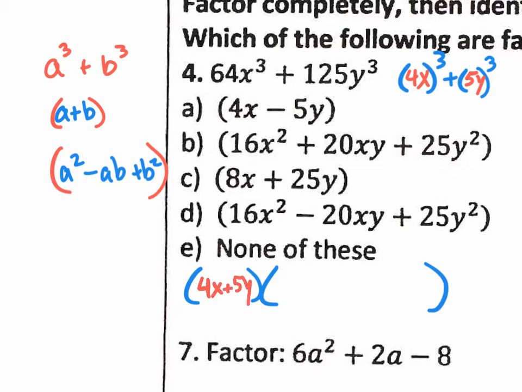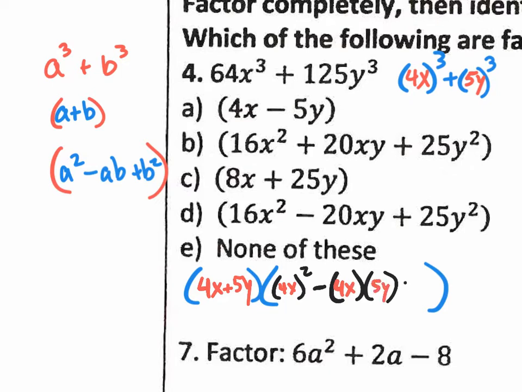And then over here, it'd be a good idea to plug it in with parentheses so you don't make mistakes. So what would a squared be? That's going to be 4x squared in parentheses. And then plus, actually, no, I'm sorry, minus ab. And we know that a is 4x and b is 5y.